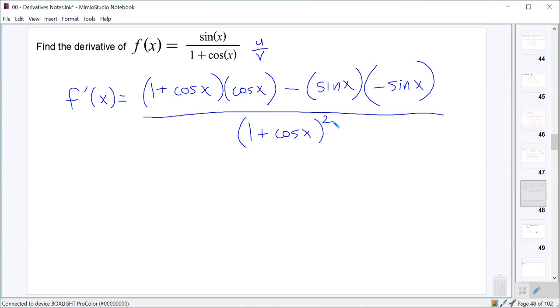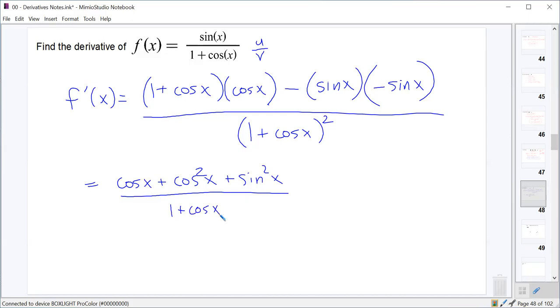And now we'll do a little bit of simplification here. If I distribute out this 1 plus cosine x with the cosine x, we end up with cosine x plus cosine squared x. And a negative sign times a negative sign is a positive, so sine squared x, all over 1 plus cosine x squared.